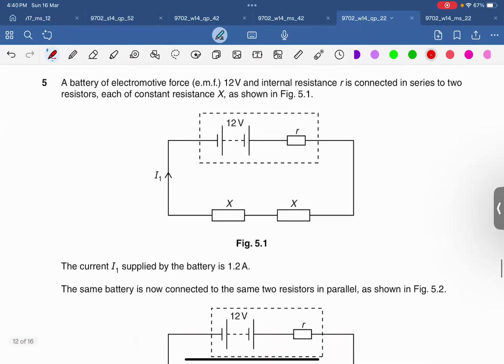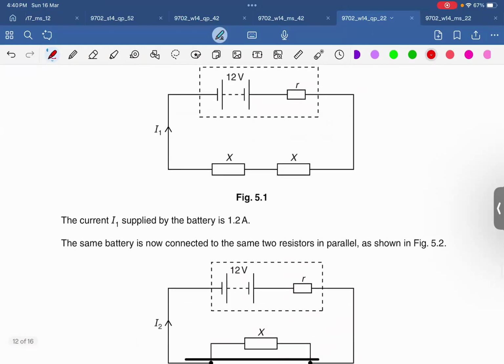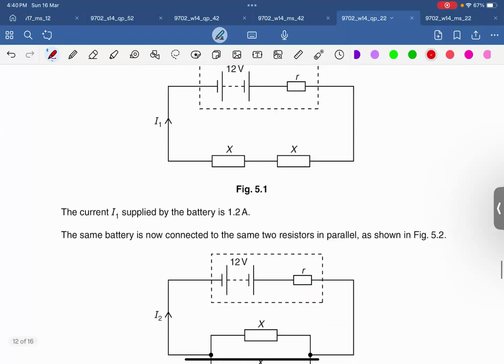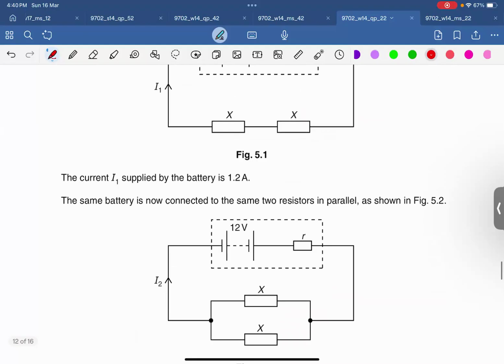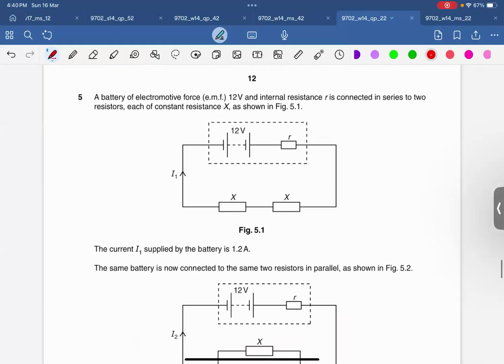So what you can do: if you have the same battery, so 12 V and the internal resistance remains the same, and you are using identical resistors, so the resistance remains the same, right?